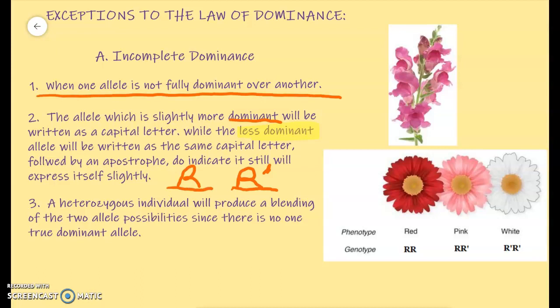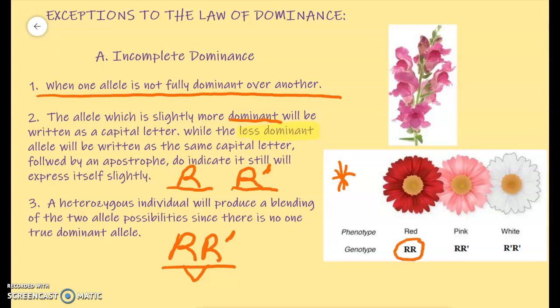Now, how does that come into play? Well, when you have an individual who is heterozygous, so one big R and then big R apostrophe for the second slightly recessive allele, this is going to indicate that you're now going to see a blending or mixing between these two colors. And if you look over here at this diagram, you can see what I'm talking about. Red is incompletely dominant to white. So the only way to be red is we're going to use two big R's.